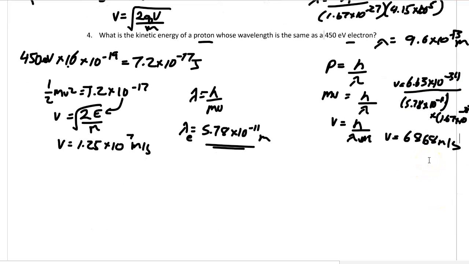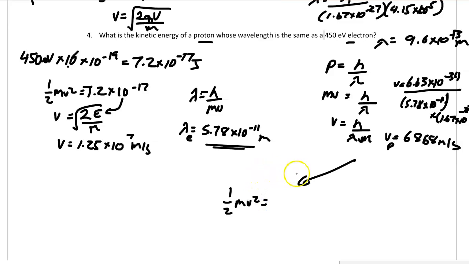Okay, so we've got the velocity now of that proton. We want to find now the kinetic energy. Well, that's just 1/2 mv squared.